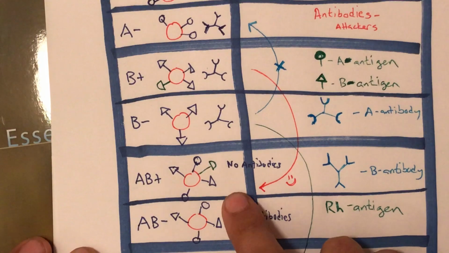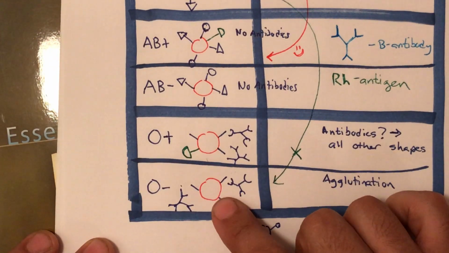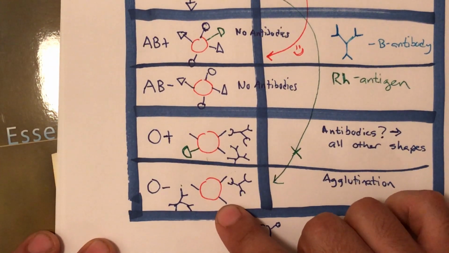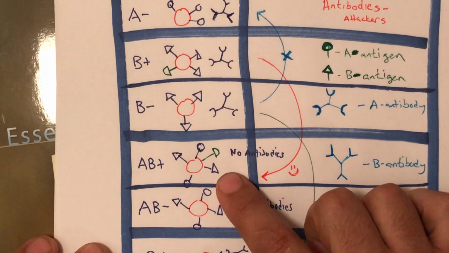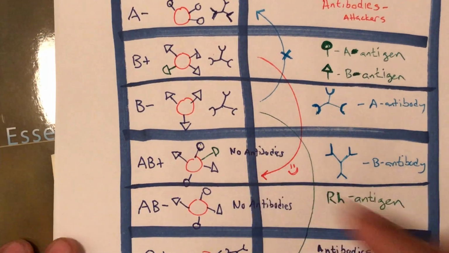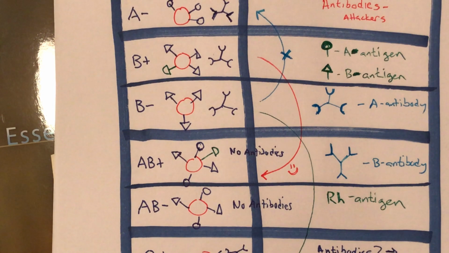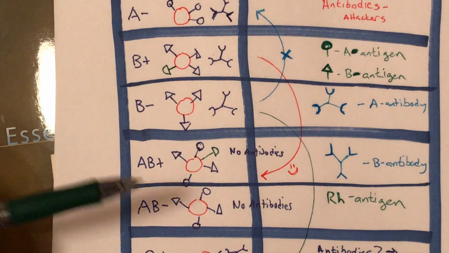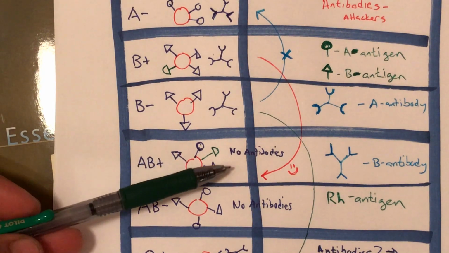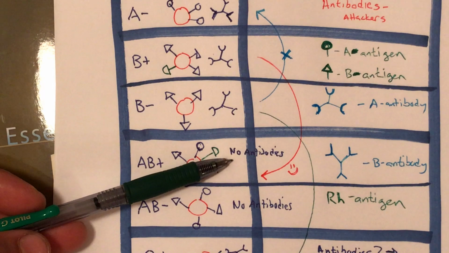On the flip side, O negative must be the universal donor. And on the other side, someone with AB positive blood must be the universal recipient because they have no antibodies that would do any attacking.